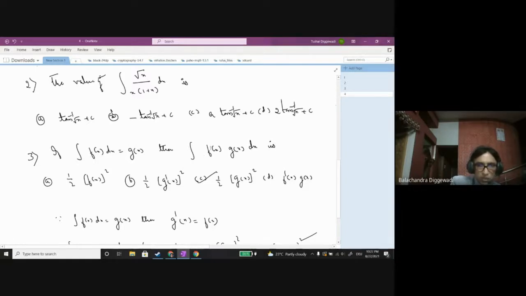Then g of x into g dash of x comes like f of x raised to n into f dash of x giving f of x raised to n plus 1 divided by n plus 1. So g of x into g dash of x gives g of x raised to 1 plus 1, which is 2, divided by 1 plus 1, which is 2. Therefore, this is the answer.